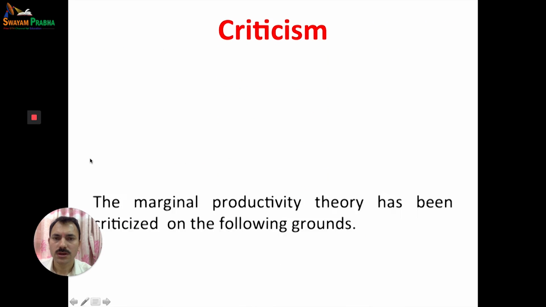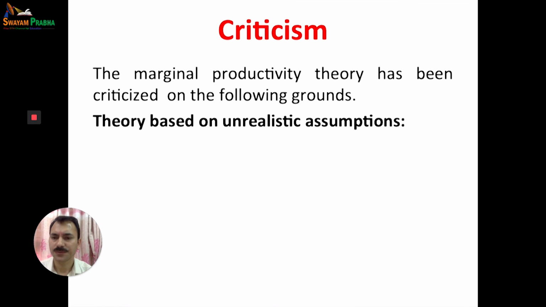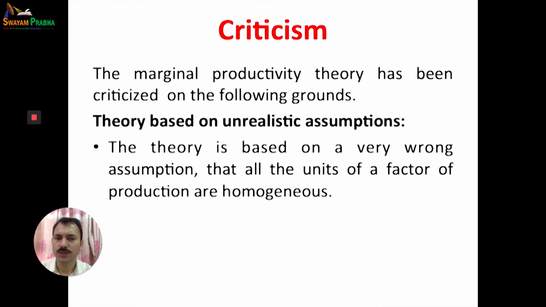Now, the marginal productivity theory has some limitations, or it is criticized on the following grounds. The theory is based on unrealistic assumptions, such as perfect competition. There are a lot of assumptions. The theory is based on a very wrong assumption, that units of a factor of production are homogeneous. How is it possible that all labor has equal capacity?